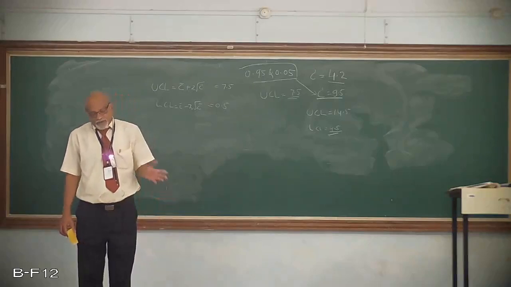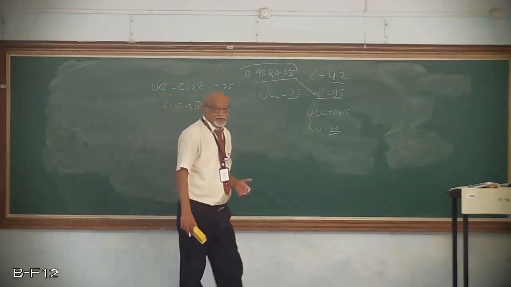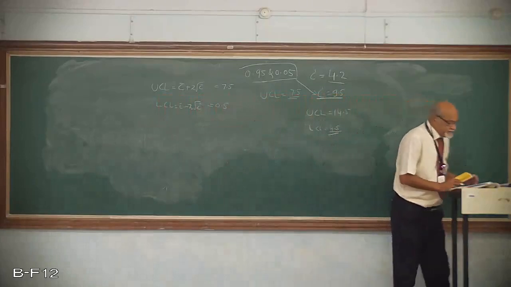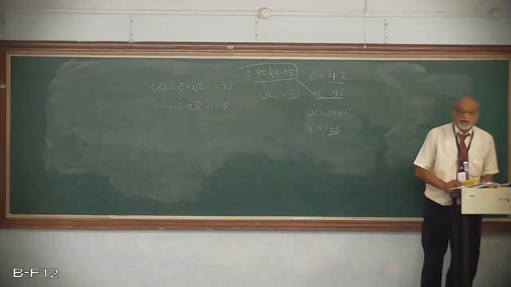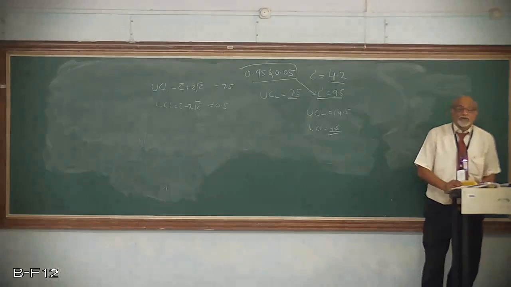And after that, we can see that Pareto analysis can be done. Because if we find that the fraction defective is more than expected, why is it increasing? Because of what number of, what type of defects?